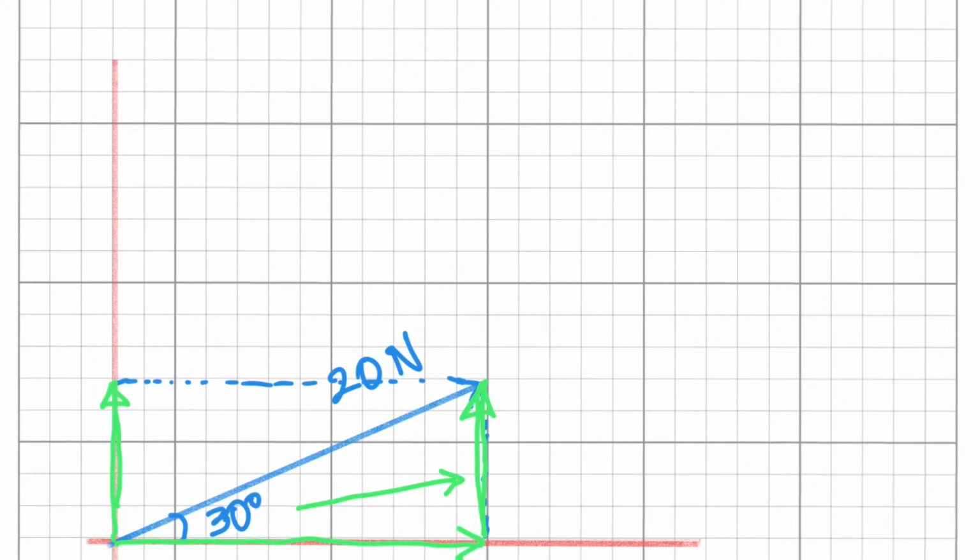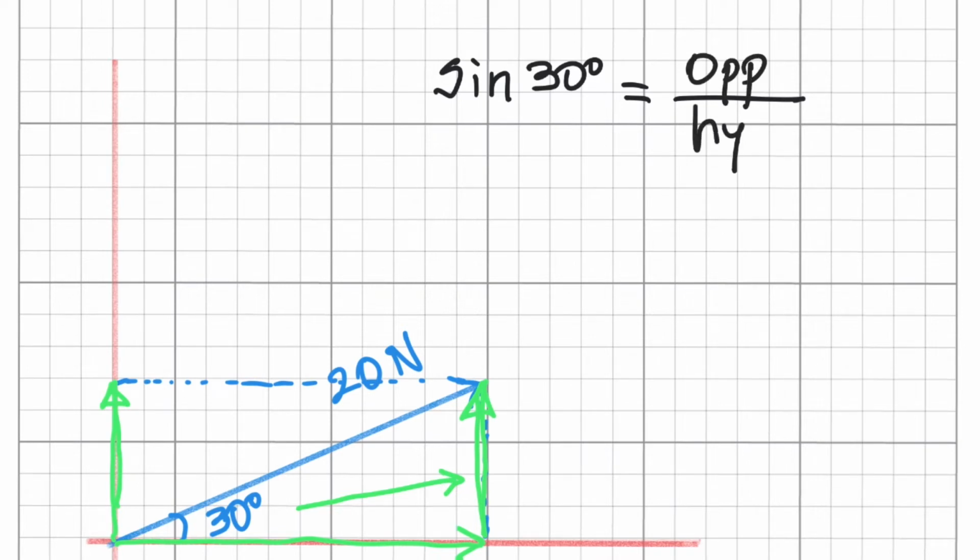So in this case, sine of 30 is going to be equal to the opposite side divided by the hypotenuse.